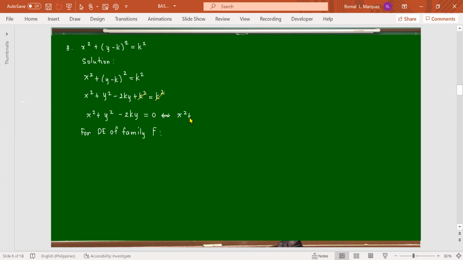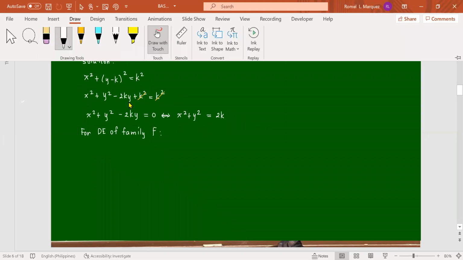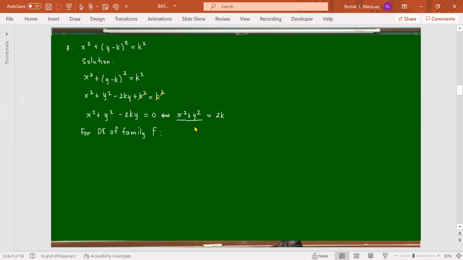Getting x squared plus y squared equal to 2ky, and dividing by y, we get 2k, and on the left side, we have over y.